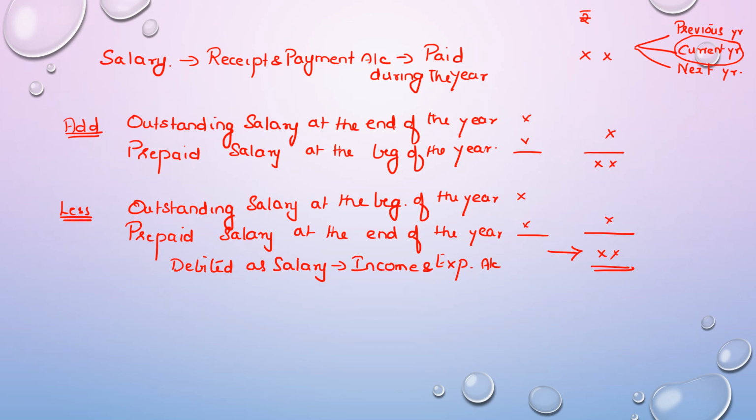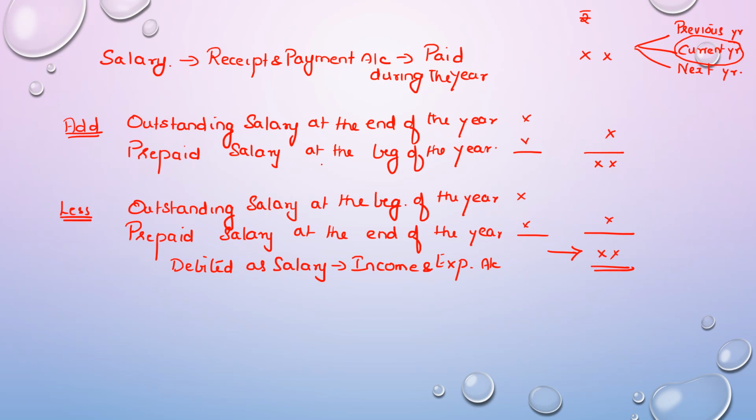But whether it is paid or not, on the basis of the accrual concept, it is the expenditure of the year. But that has not come in this figure as paid because it is still to be paid. Not yet paid, it would be paid in the next year. So as it is outstanding, not paid, it is not included in this amount of paid. So we are supposed to include that amount because it is the expenditure of the current year.